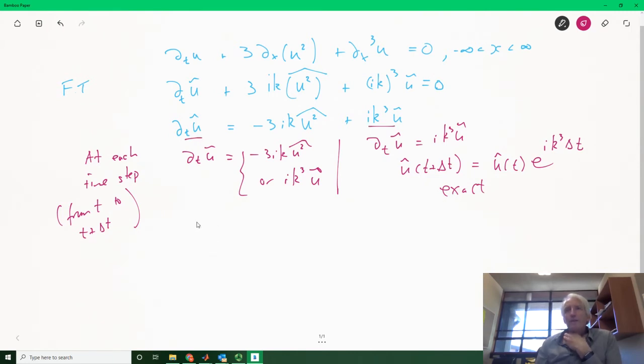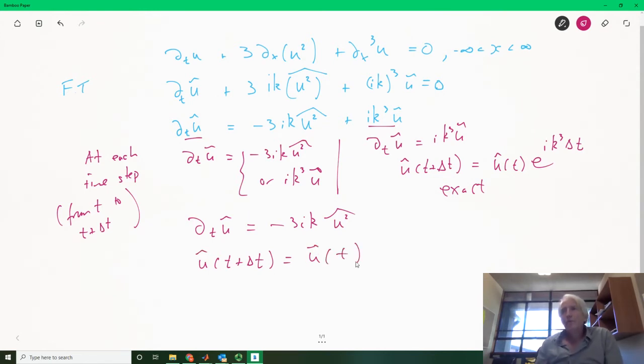And then we're going to solve d by dt of u hat equals minus 3ik times the Fourier transform of u squared. We're going to say that u hat of t plus delta t is equal to the old solution u hat of t, plus delta t times minus 3ik times the Fourier transform of u squared.